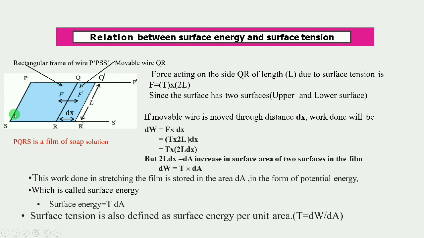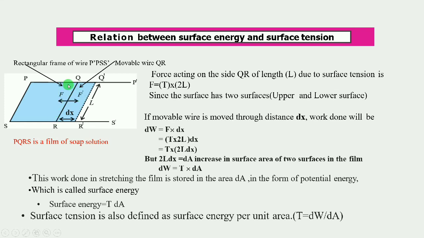Three sides of this rectangular shape are fixed, and the fourth side is movable on the two parallel sides. So we consider PQRS, a rectangular frame of wire. This QR side is movable on these parallel lines.